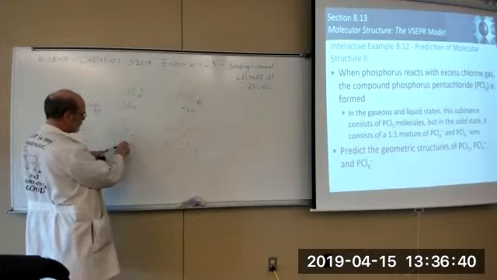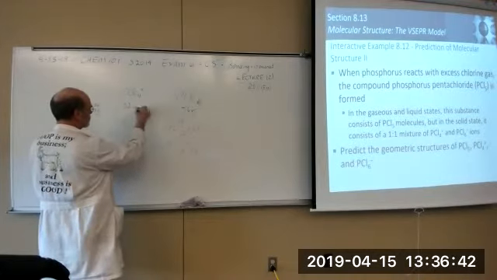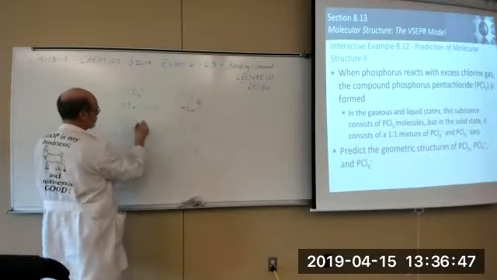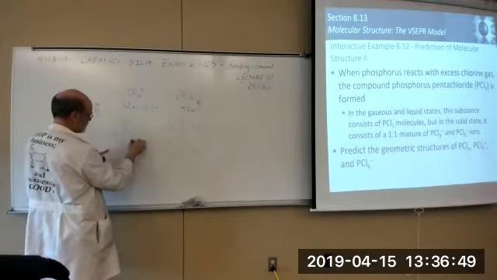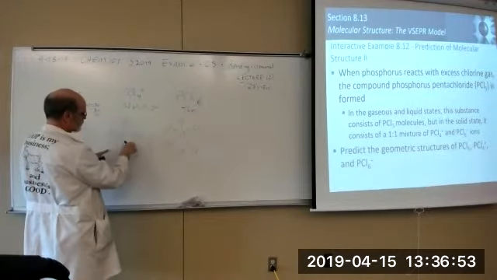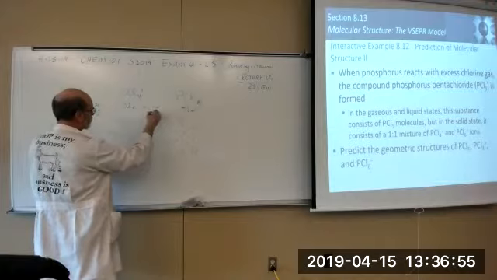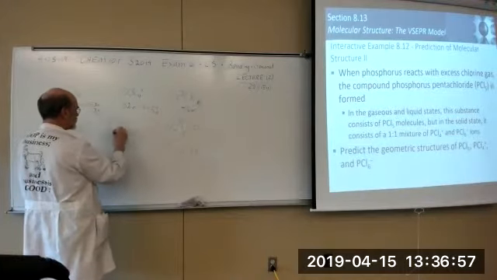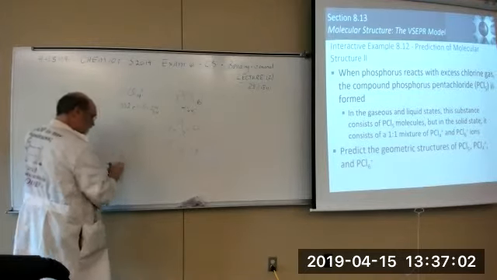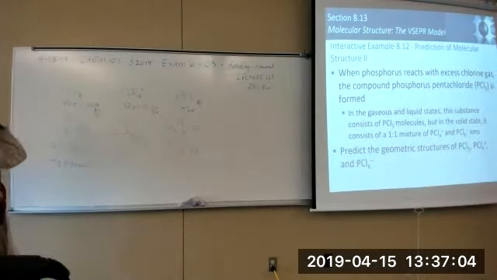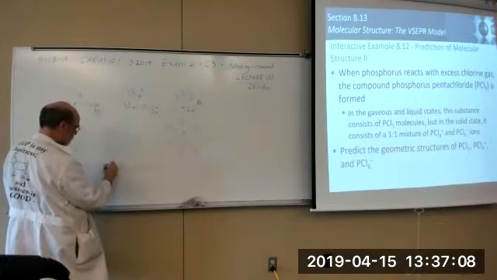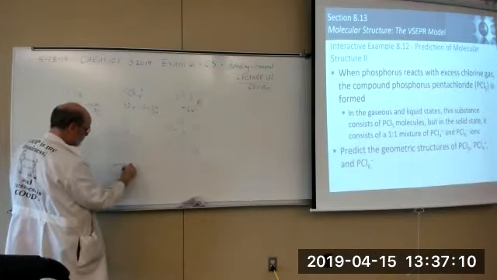This one has 2, 4, 6, 8, and that's 24. So 1, 2, 3, 4. Let's see, 2, 4, 6 times 4 is minus 24. So these lone pairs, and there are no lone pairs around phosphorus, so the electronic structure will also be the molecular structure, and we have 4, so what do we have here? Tetrahedron.